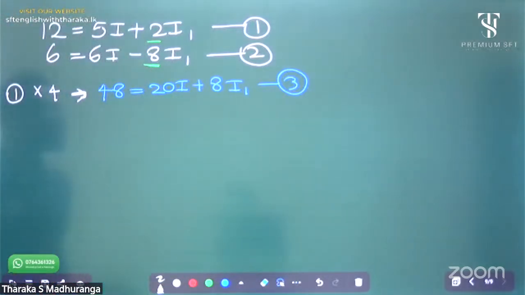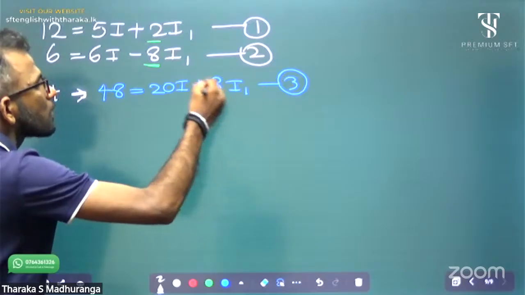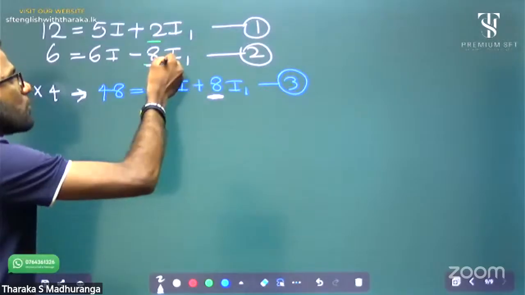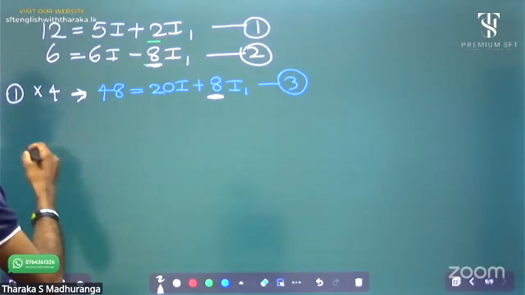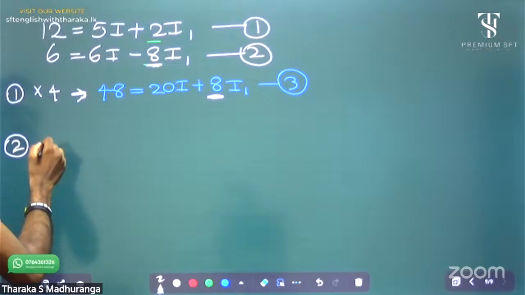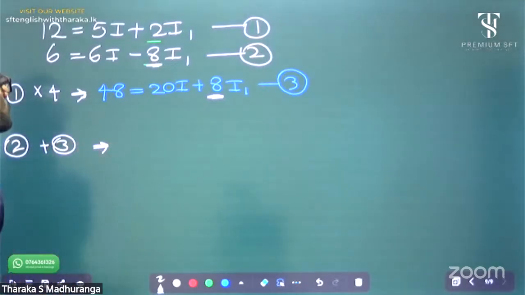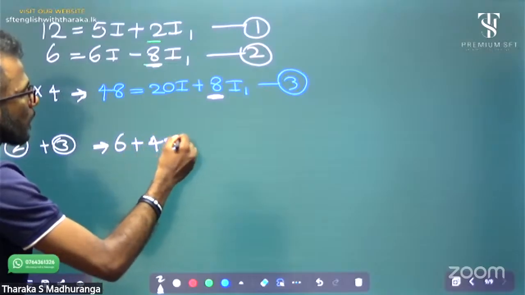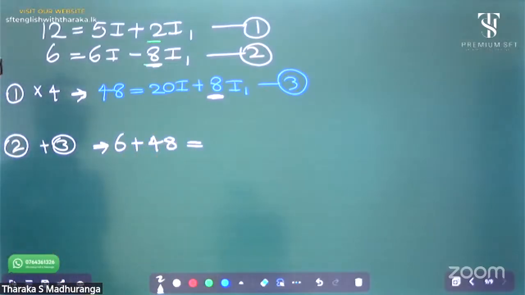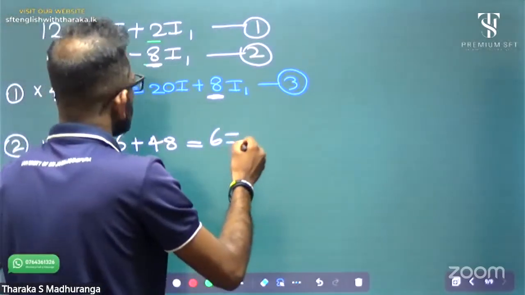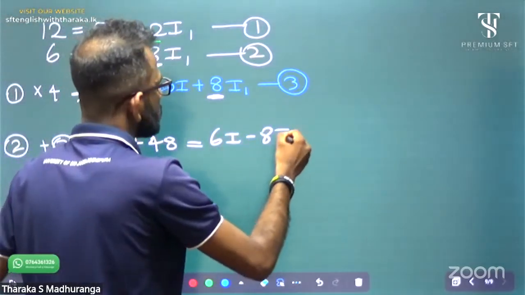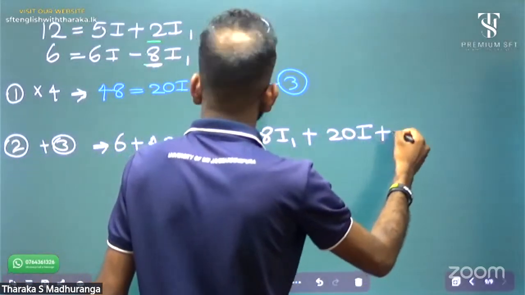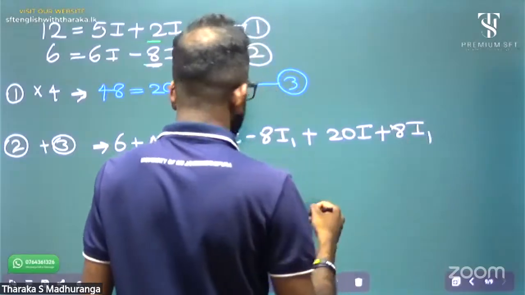Third equation. Okay, now you can see 8 and 8, second equation and third equation, I1 coefficient same and signs are different. Then second equation add into third equation. 6 plus 48 equal 6I minus 8I1 plus 20I plus 8I1.